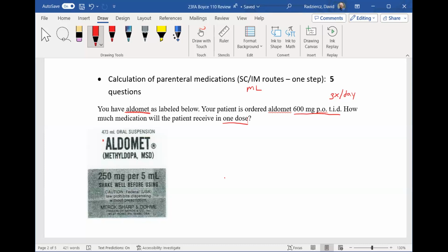So what's our available? Our label is our available, right? This tells me that it's an oral suspension and that there's 473 milliliters available to us, but we don't use that for any kind of math or calculation. What I'm looking for is right down here, the 250 milligrams per 5 ml. Because remember, think about you're giving this to your patient. Your patient is either going to swallow a pill, drink a liquid, or receive an injection.